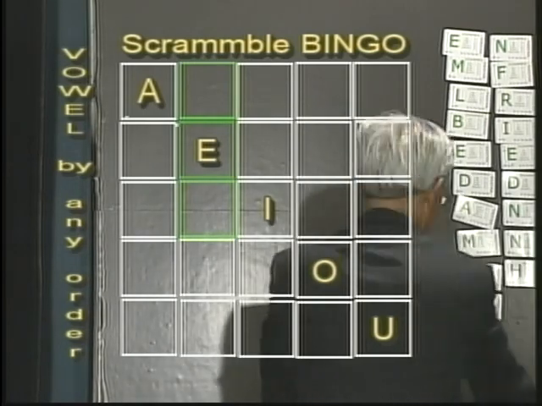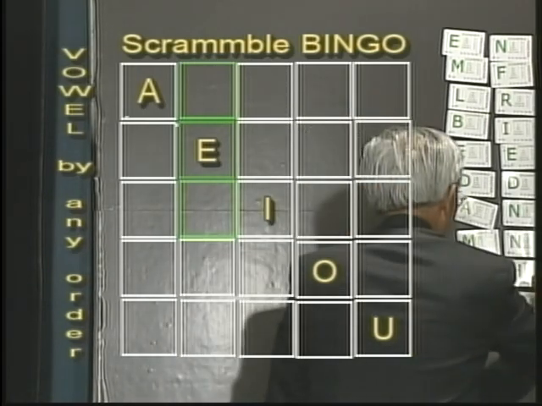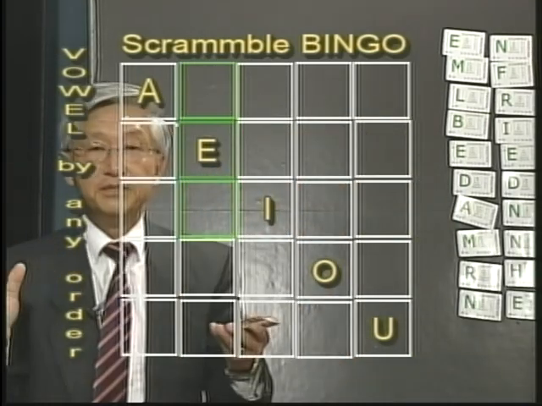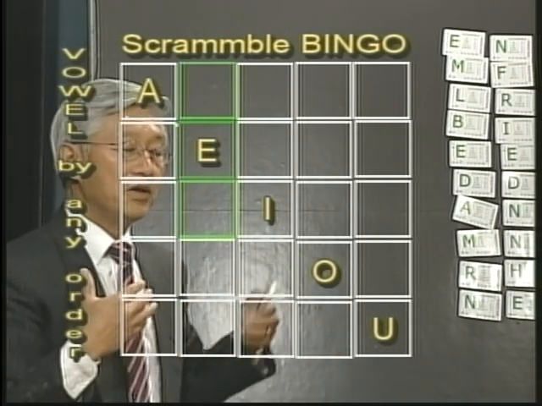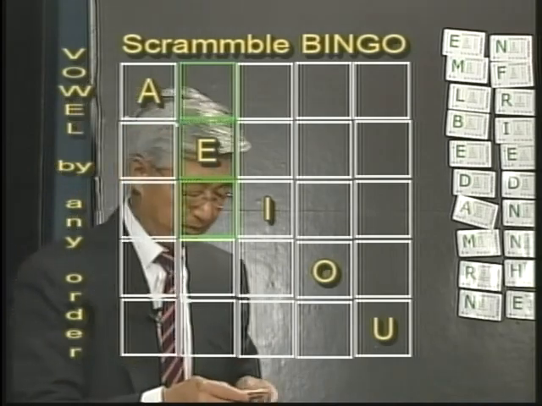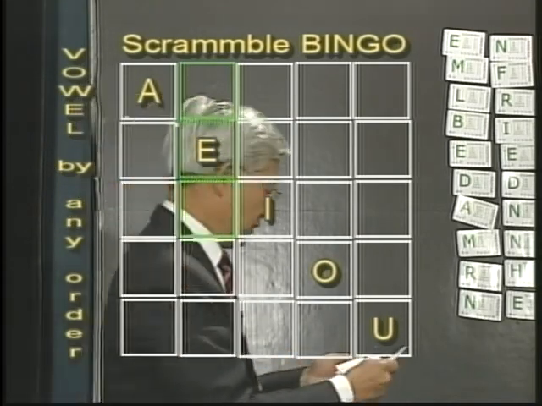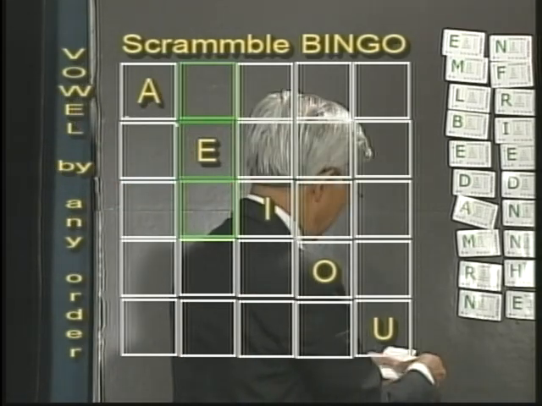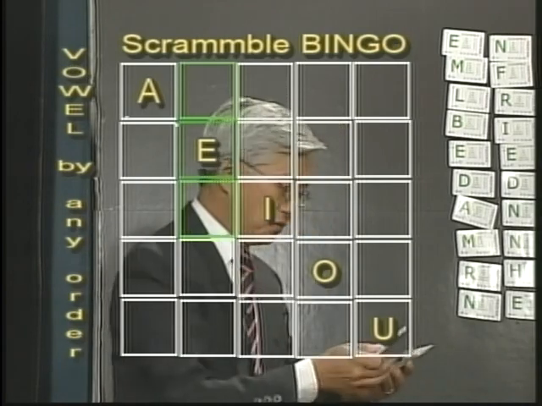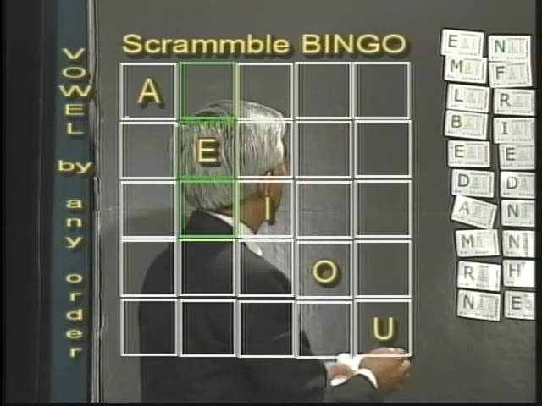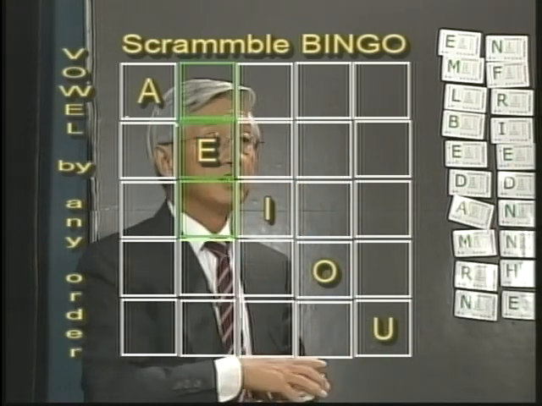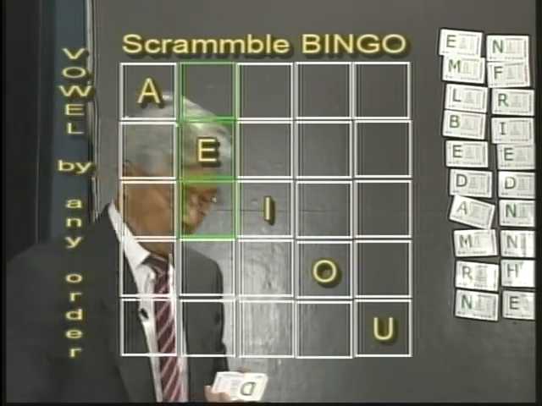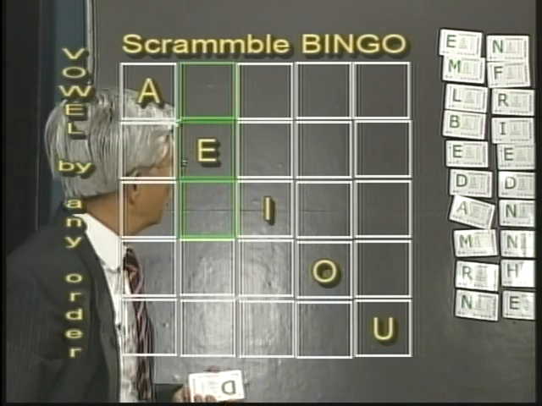H, E. So in this version, you have to keep on waiting until O and U comes along, right? All right, let me see whether I can cheat a little to show this, because otherwise it take forever to demonstrate this. But in a real game, you certainly have to wait the proper word comes out.